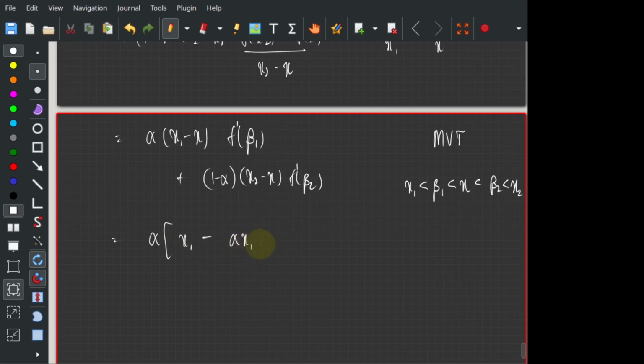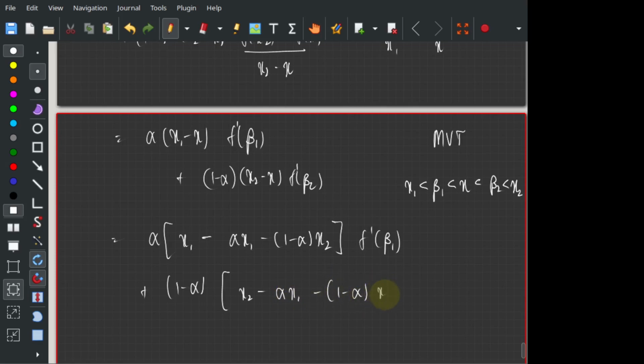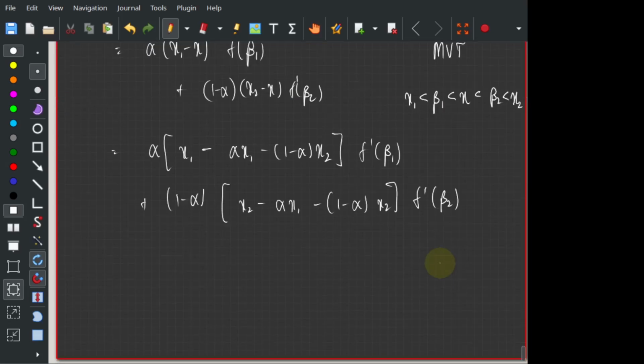It is alpha x1 plus 1 minus alpha x2, times f prime of beta 1, plus 1 minus alpha times x2 minus alpha x1 minus 1 minus alpha x2, times the derivative of f at beta 2. What is this equal to?